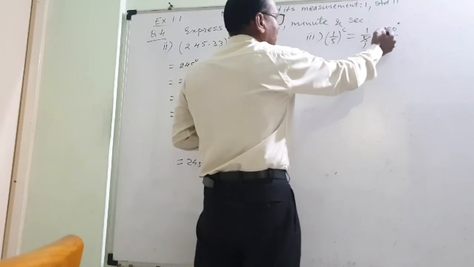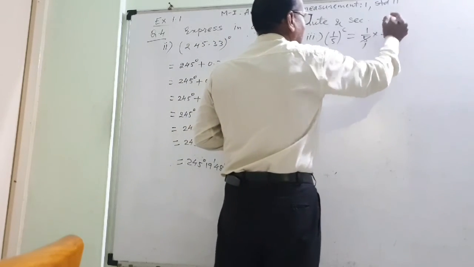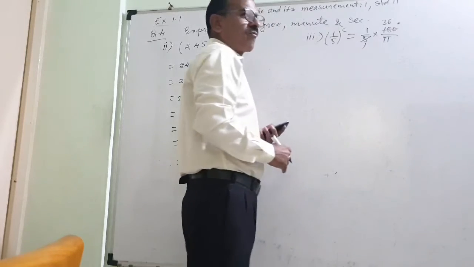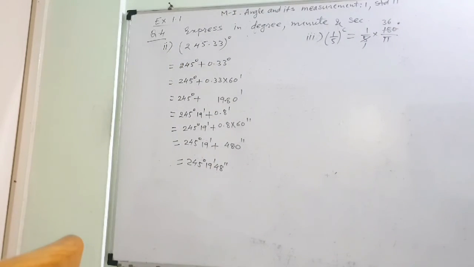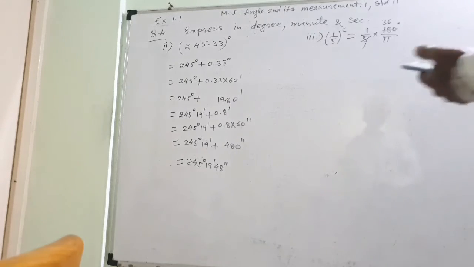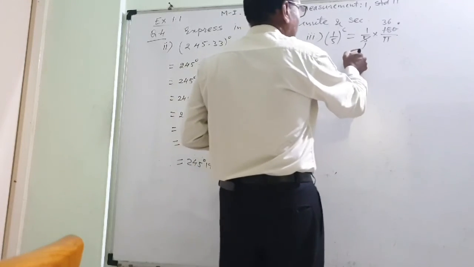So 5 ones are 5, 36 are. So this is 36 upon pi.